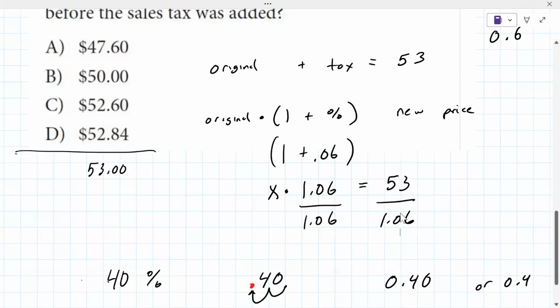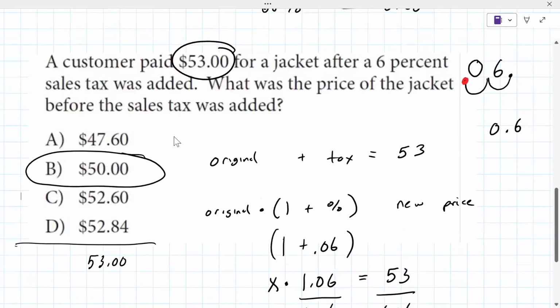I put it in the wrong place. It's 50. Okay. Now, as an aside, if this were a non-calculator question, the only number that's even reasonable to do this without a calculator is letter B.